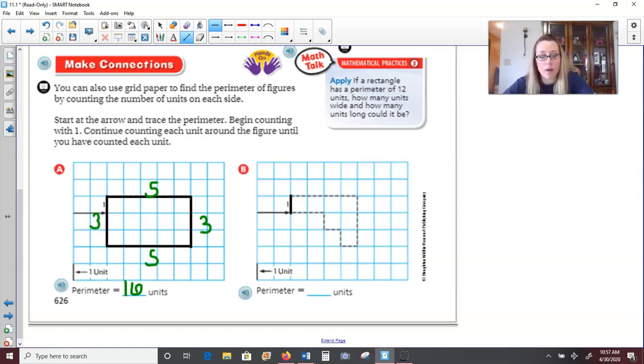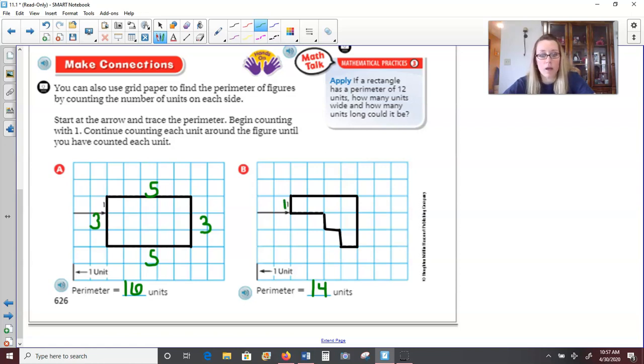So here's 1 unit, 2, 3, 4, 5, 6, 7, 8, 9, 10, 11, 12, 13, 14. So for this particular shape, it has a perimeter of 14 units.